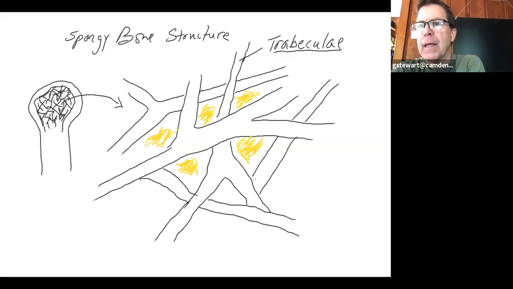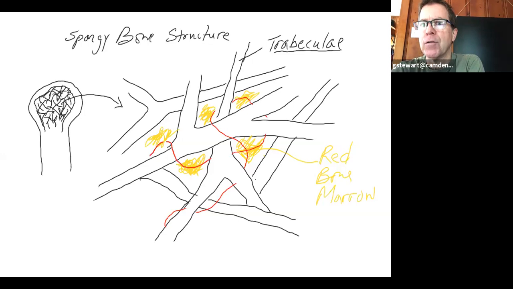So more importantly, in this yellow bone marrow stuff, and I'll label that, I was going to use red. This is actually called red bone marrow. The reason I'm not going to use red is because there's also capillaries, blood vessels, meandering through this stuff as well. So these are capillaries, small blood vessels that I'm drawing now that also run.